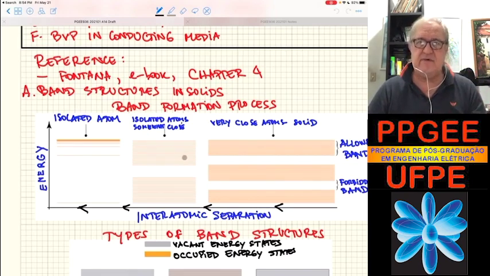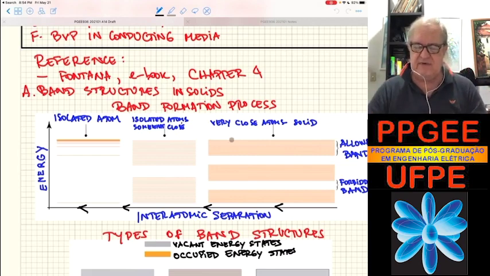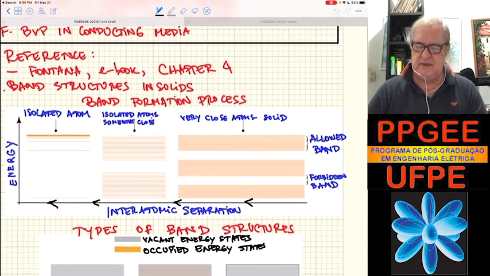We start to form those things that resemble empty regions, right? And as they are very close to form a solid, you are going to have several energy levels very closely spaced, forming an almost continuous range of allowed energy bands, like so.